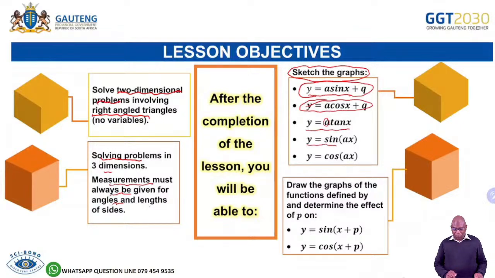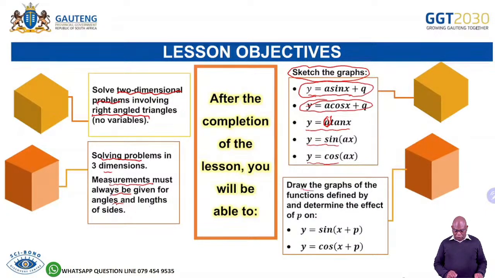The next graph is y equals sin of ax, so for instance, the sine of 2x. The other one is y equals cos of ax. Which means that you won't be given a graph where it says y equals tan of ax. So for the tan, the a will only be an amplitude there.